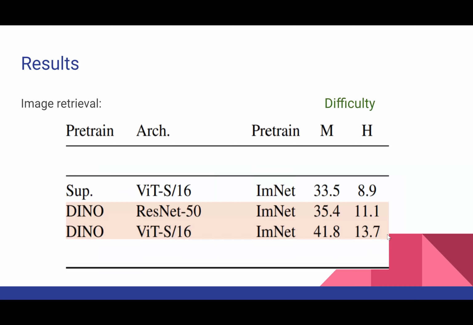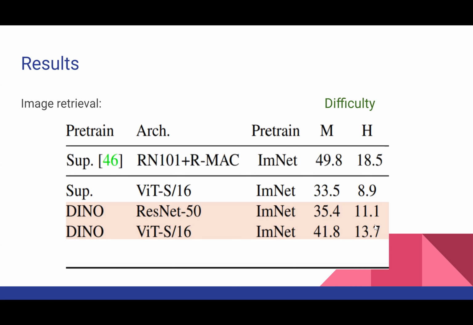So in the results, here we can see a supervised approach using the VIT model. And we can see that with medium and high difficulty, the scores are pretty low. And with Dyno, we're able to get maybe 8 points above for medium and 4 points above for high difficulty.